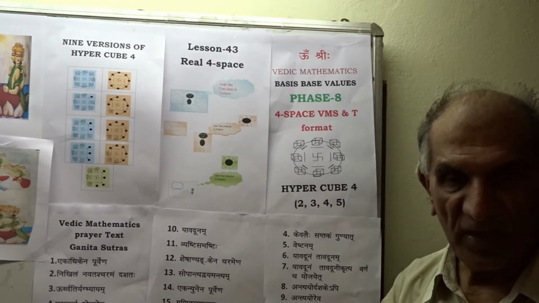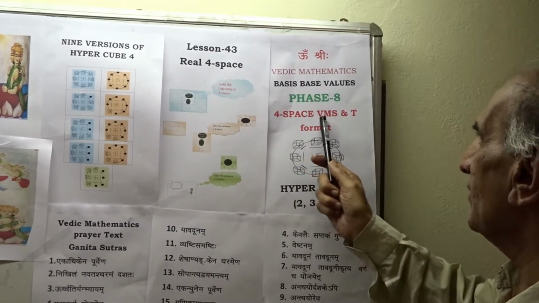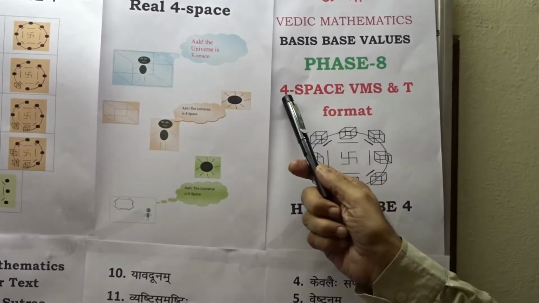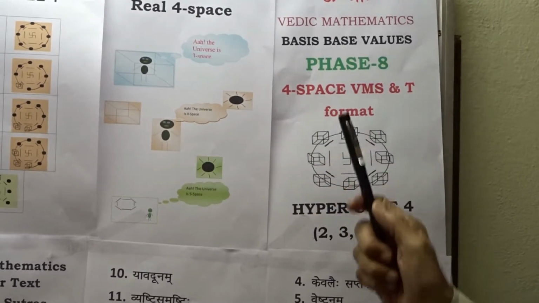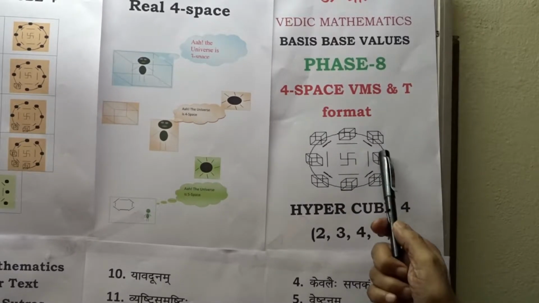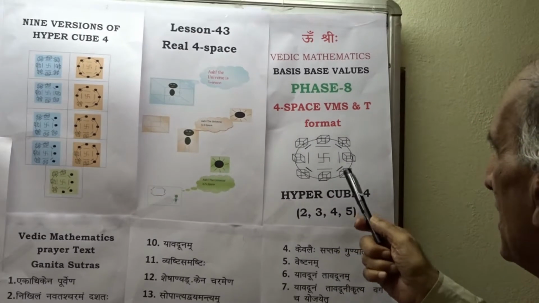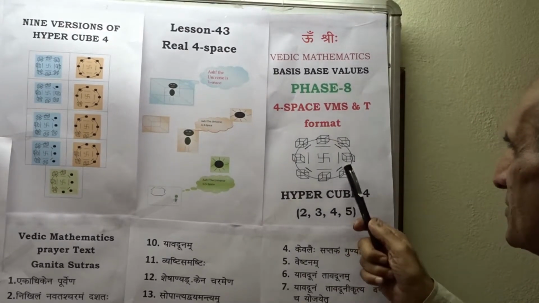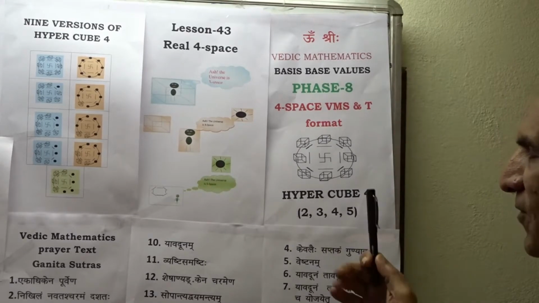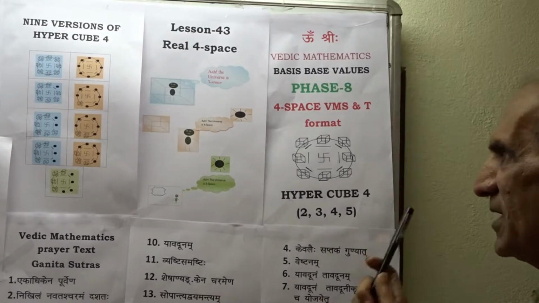The Vedic way to approach 4-space VMST, as applied values format parallel to pure values of 4-space along a format of hypercube 4. This format of hypercube 4 is the creator's space. A creator's space body means 4-space is designated as a creator's space.